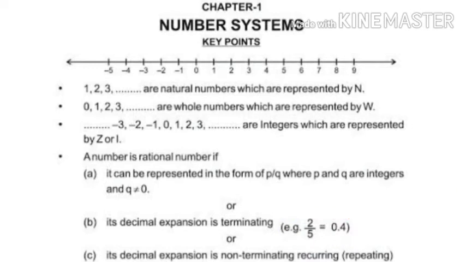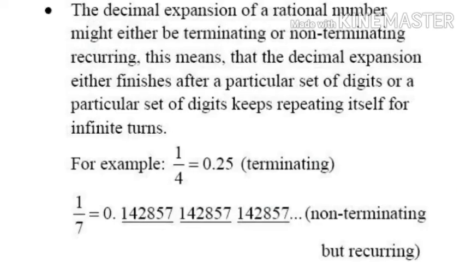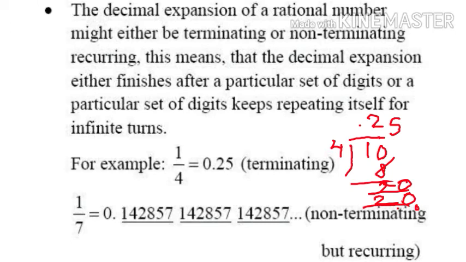That is also called a rational number. That means the decimal expansion either finishes after a particular set of digits or a particular set of digits keeps repeating itself for infinite terms. Suppose I write 1 by 4. That is, you will find the decimal number 0.25. That means it ended here, that is terminating.